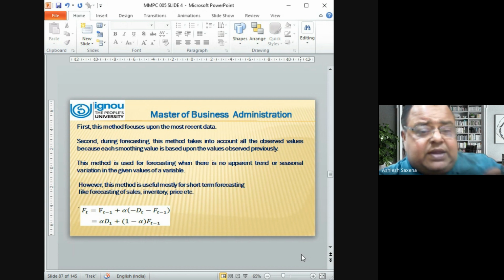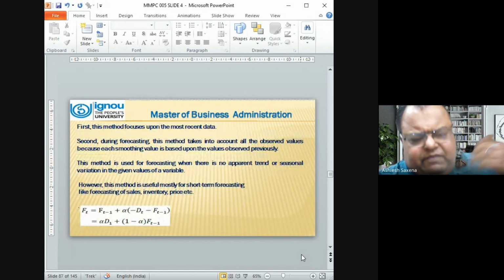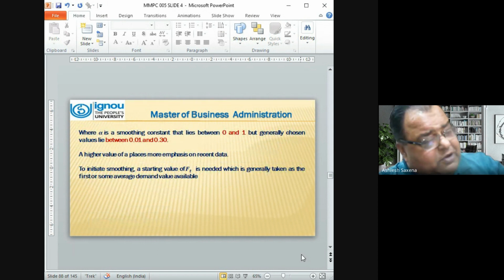However, this method is useful mostly for short term forecasting, like forecasting of sales, inventory, price, etc. This is the relation we normally use, that is, F_t, the forecast value, is equal to alpha D_t plus (1 minus alpha) F_(t-1), where alpha is a smoothing constant and its value lies between 0 and 1.